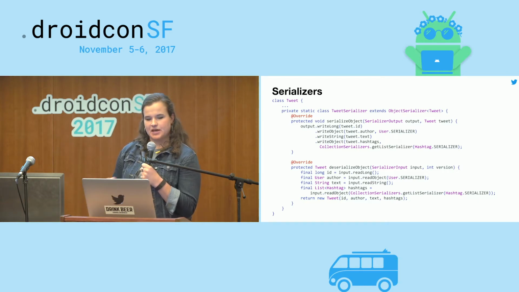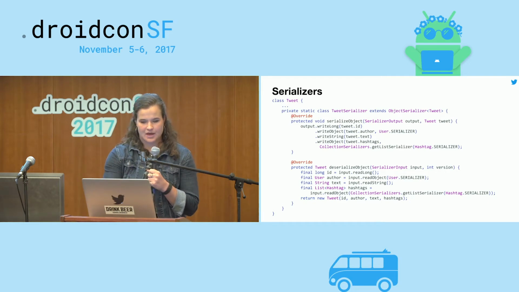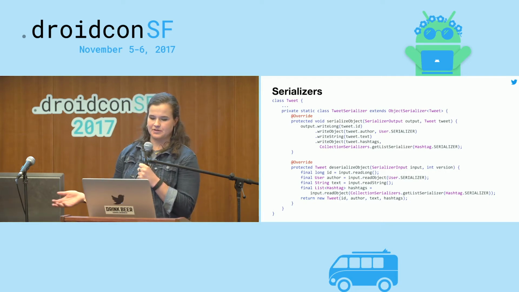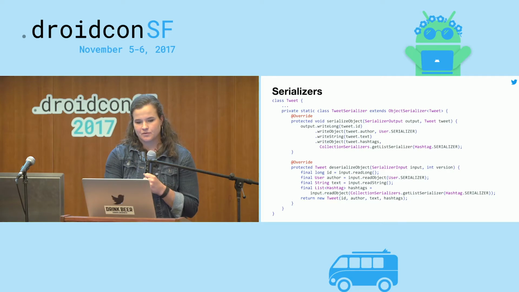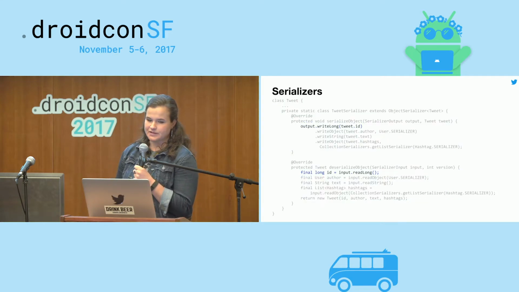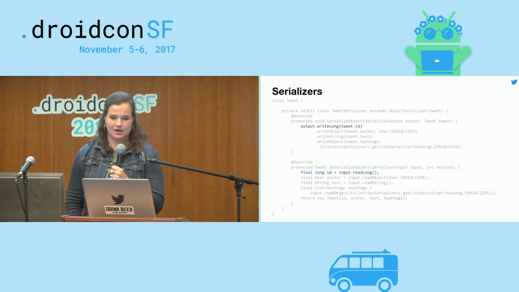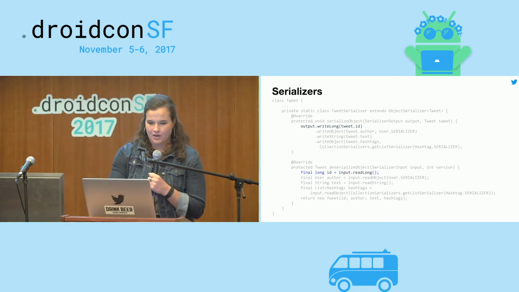And what you do is you take each field and you write it onto this output. And then in deserialize object, you take this input stream, which is from your byte array, and you read each field. So for simple fields like long, pretty straightforward, you write and read long, just like you would on anything else, like Externalizable.